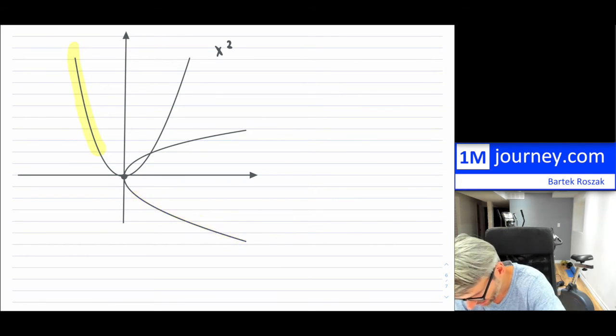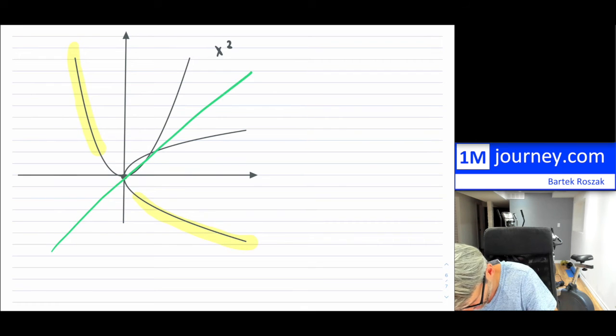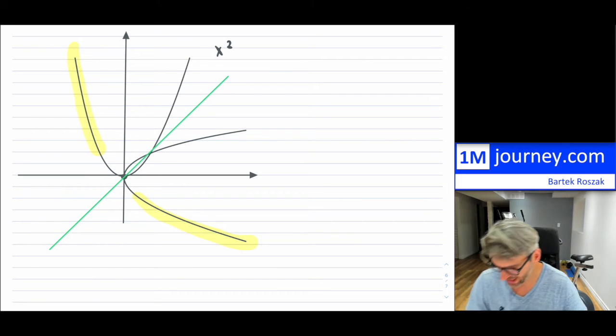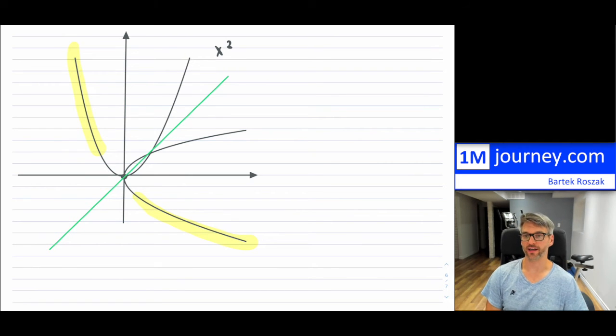Now, you might say, how do you know that it's this piece and not the upper piece? Well, we know because it has to be reflected along this line, somehow like that. I mean, this isn't the best reflection, but let me try it. Okay, kind of a little better. So it has to get reflected along that line.